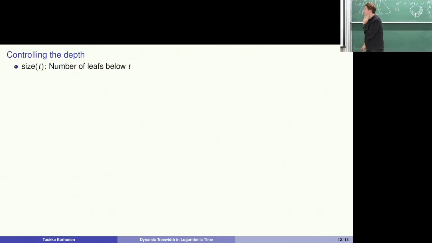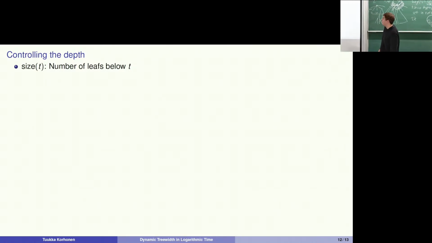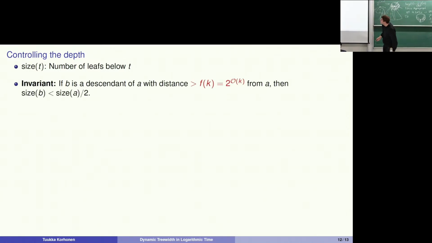So now we have something else for controlling the depth. Okay, here's some definition. The size of a node t is the number of leaves below t.